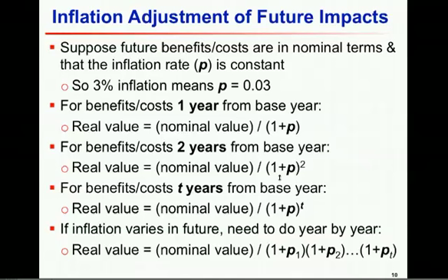If it's 2 years from now, we have to adjust for 2 years of inflation, so the real value equals the nominal value divided by 1 plus P squared. And if the benefits or costs are T years from now, the real value equals the nominal value divided by 1 plus P to the power of T, where T is the number of years from the base year.